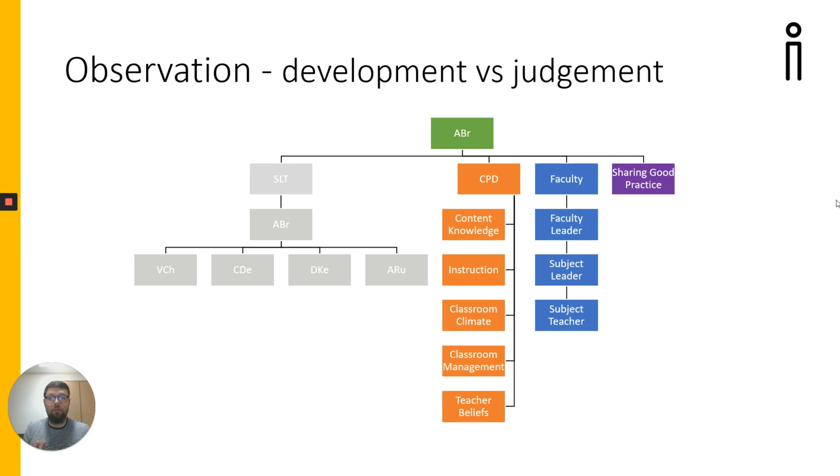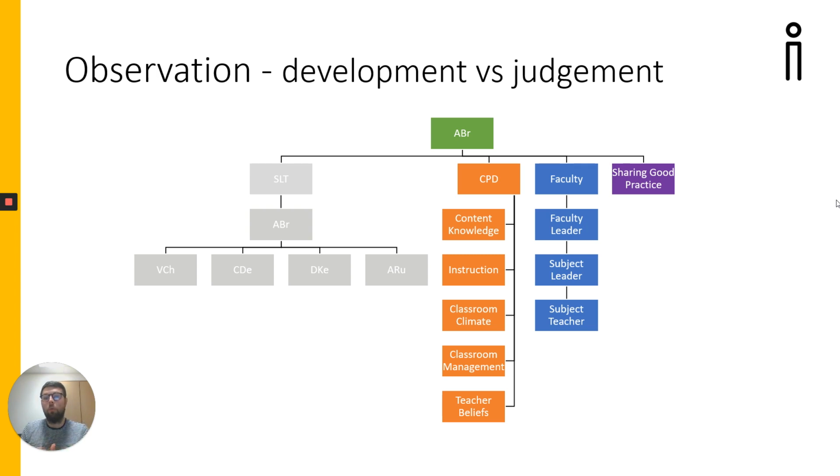So just to talk you through it very quickly, the grey boxes are our SLT team, and our SLT team work with faculties to observe practice. And this, you could argue, is our quality assurance. But importantly, I am line manager for English, Science, and PE and Health.